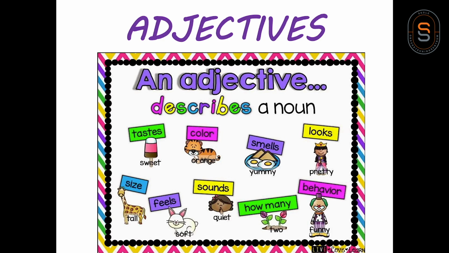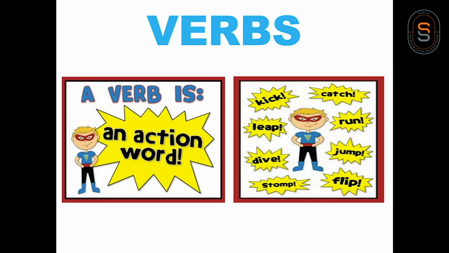Flower in that sentence is my noun. Which word describes the noun, which is flower? The word red. So red will be my adjective. Always remember, an adjective describes a noun. A pronoun stands in the place of the noun.